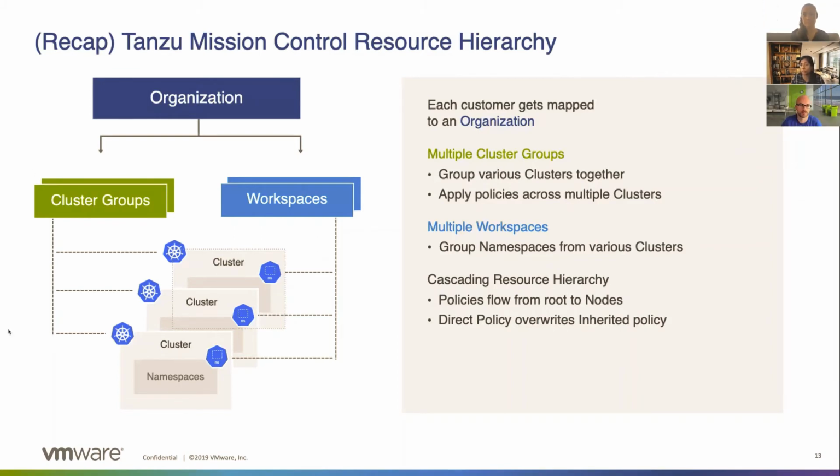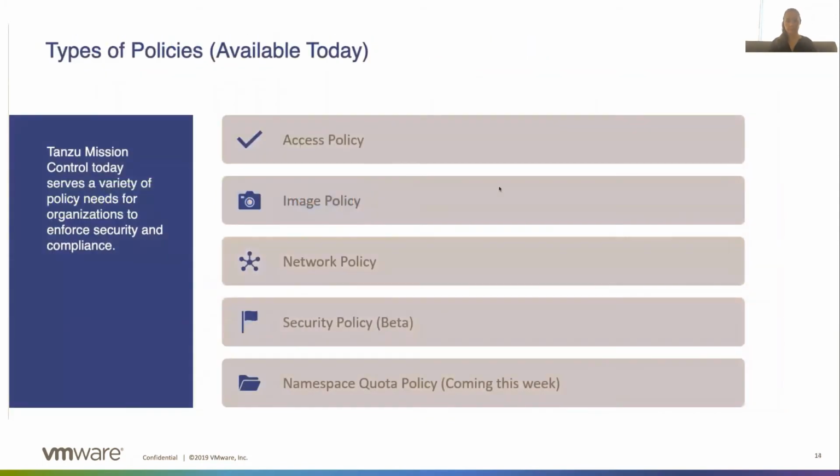It can all be under one cluster group. And then you can also have the concept of workspaces, which is a namespace within each of those clusters that can then also be grouped into a workspace. And as Keith mentioned, all of these access policies, et cetera, can be mapped accordingly.